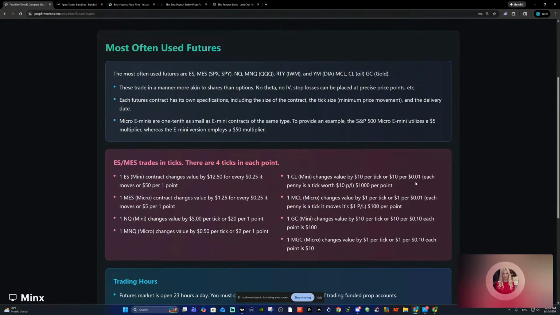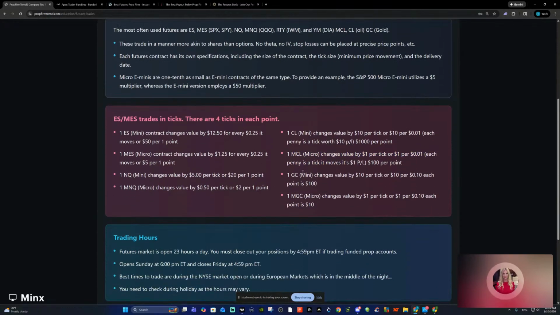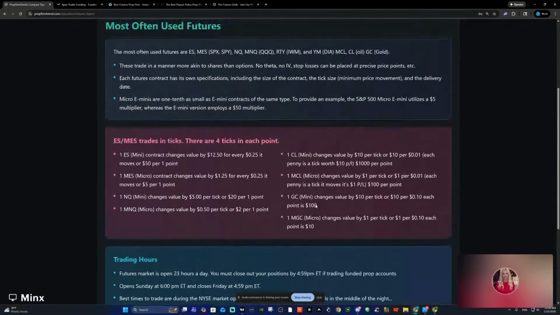So each cent that it moves, the tick is worth $10. If oil is trading at $60 and it goes from $60 to $61, that's $1,000. The oil was down like 8 cents and I was out $80. And then there's the micro version, same thing, 1/10 of it. And then this is gold.